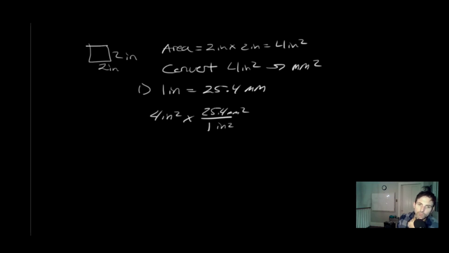This would be wrong. Why is that wrong? Because you would just be saying 4 times 25.4, and then you would say, oh yeah, inches squared come out, and you're left with an answer in millimeters squared. Right? That is wrong.